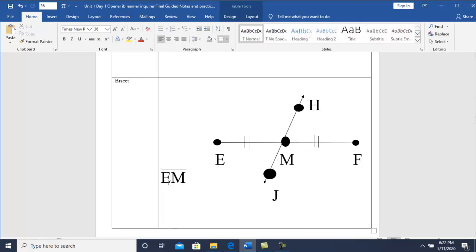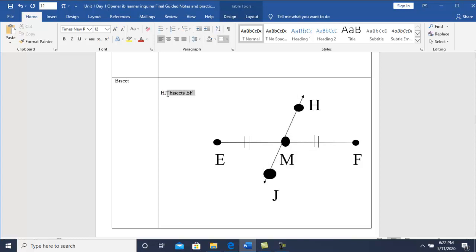So in our notation, we could say HJ bisects EF.